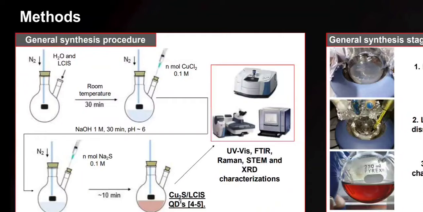Well, methods. As mentioned before, LCs and water are purged with nitrogen, then the necessary amount of copper chloride is added and reduced. After the change in pH with sodium hydroxide, sodium sulfide can be added, achieving the copper quantum dots suspension, and these can be characterized.